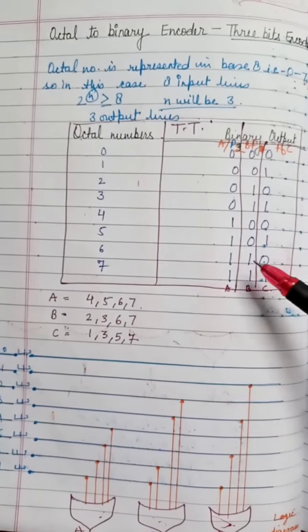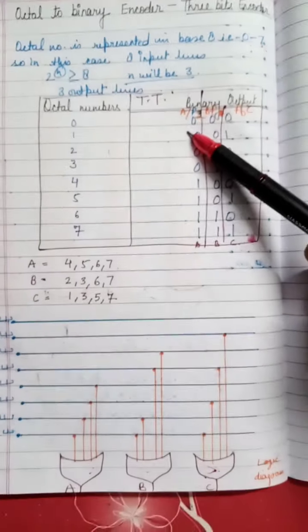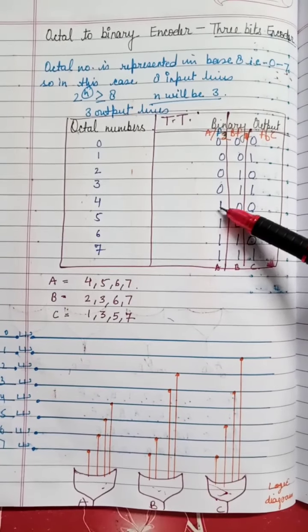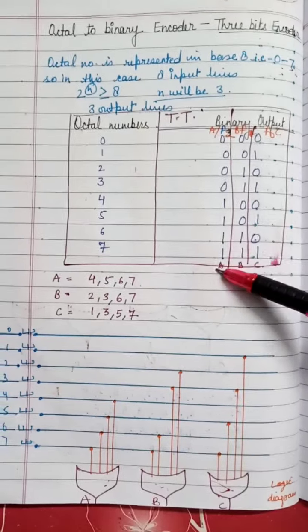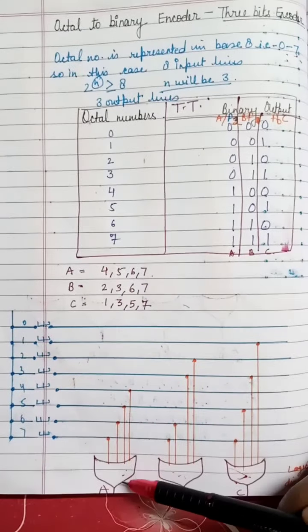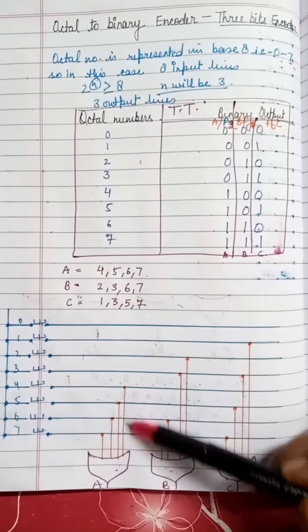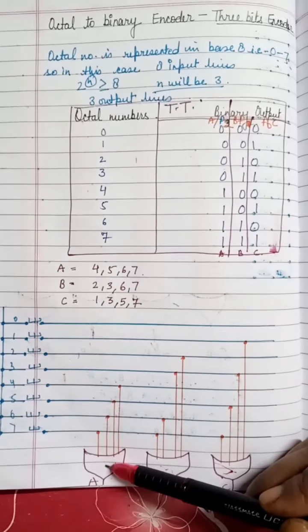Fine. So in A, we are getting 1 from line numbers 4, 5, 6 and 7 simply. So in the A OR gate, you will be drawing the lines from 4, 5, 6 and 7.